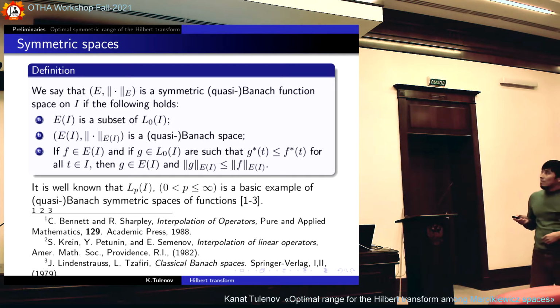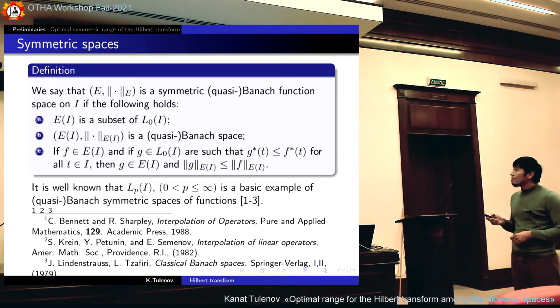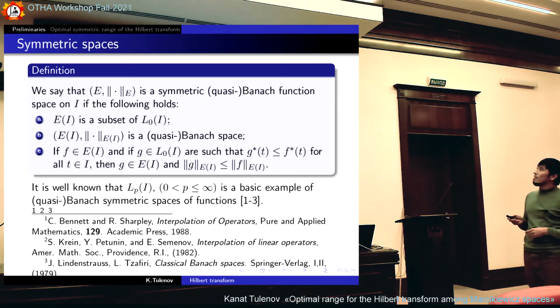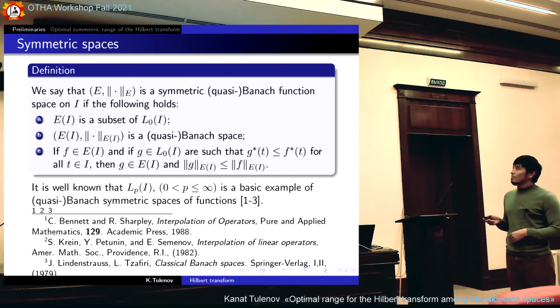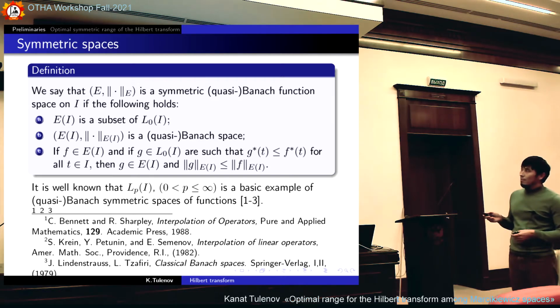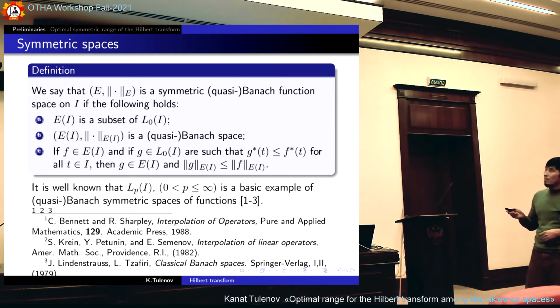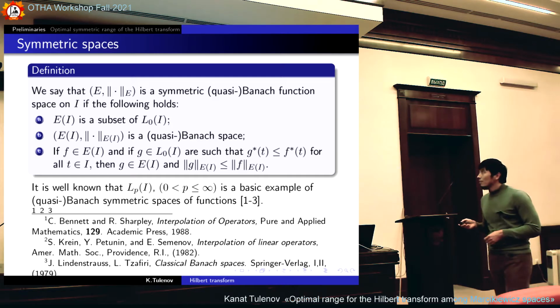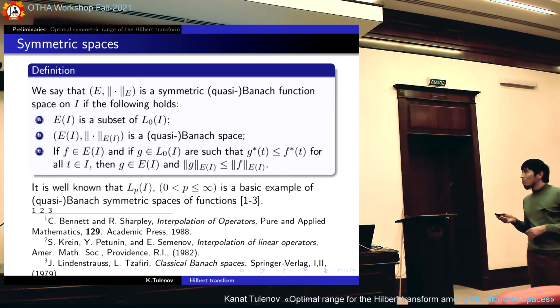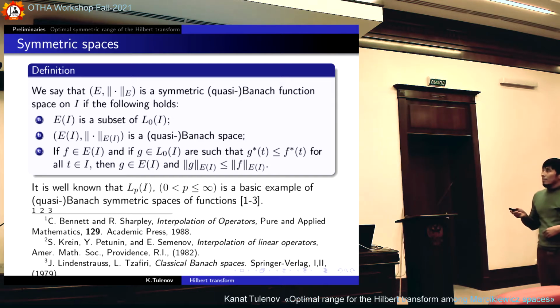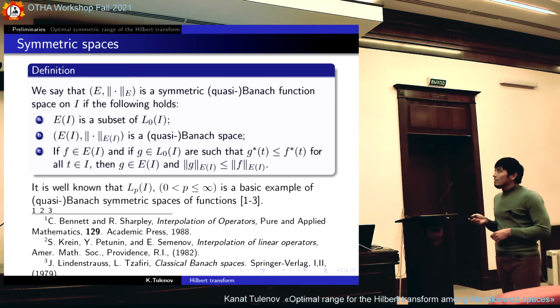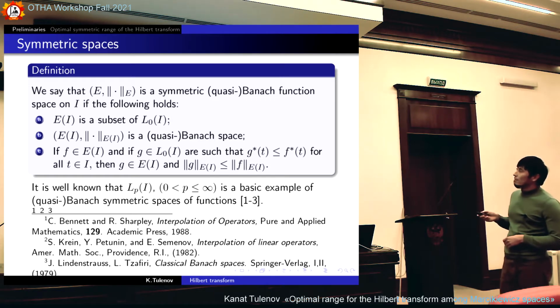So then we say E(I) is a symmetric quasi-Banach function space on I if the following conditions hold. First, E(I) is a subset of L0, and second, E(I) is a quasi-Banach space with this quasi-norm. And the third condition: if f is from E(I) and g is from L0, satisfying this inequality, then g must be from E, and we have this norm estimate.